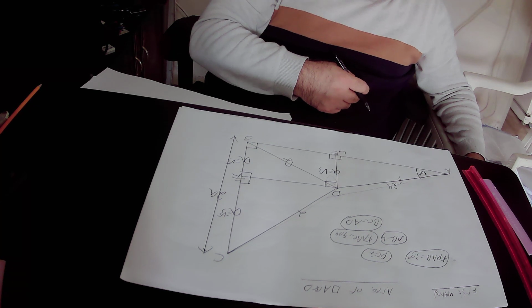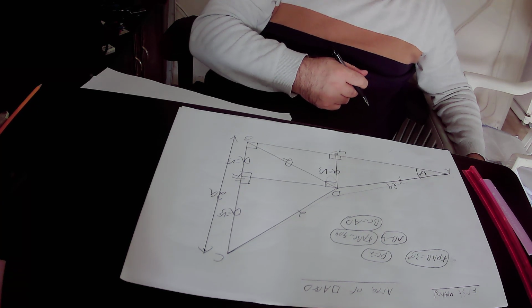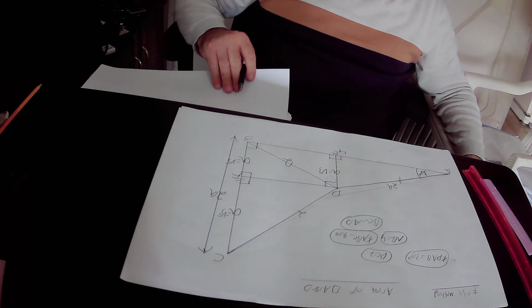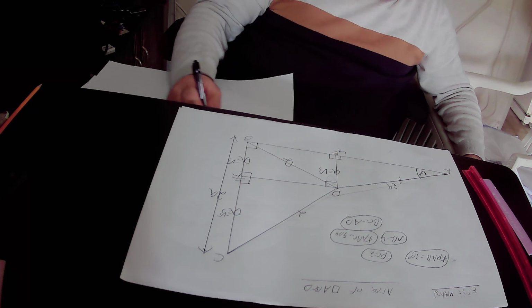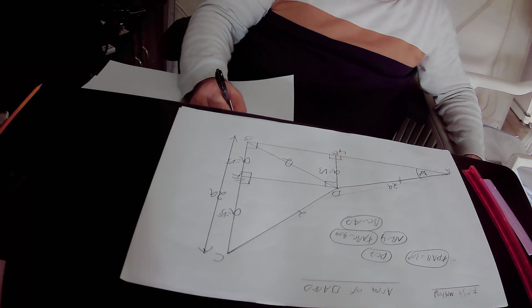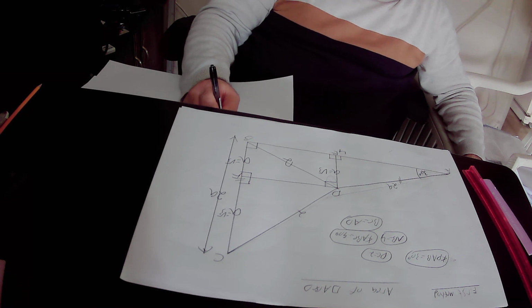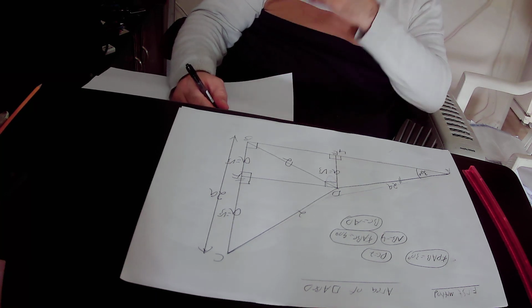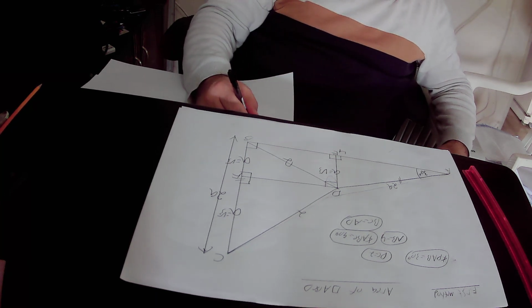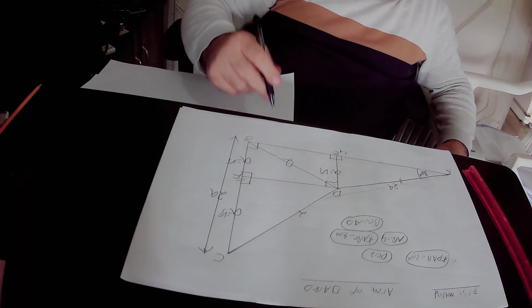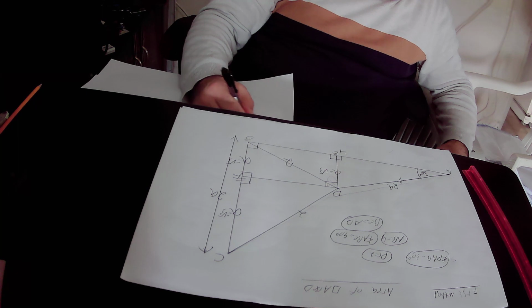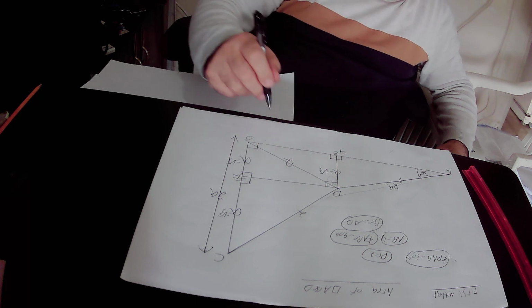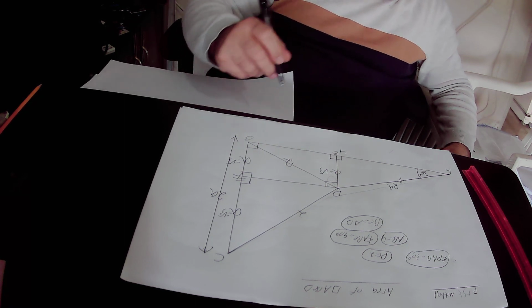And we will focus on triangle DEB. On triangle DEB, according to the Pythagoras theorem, DE squared plus EB squared must be equal to DB squared.